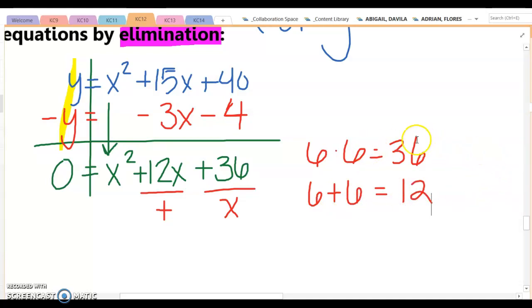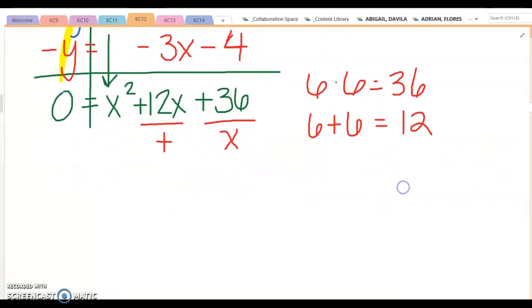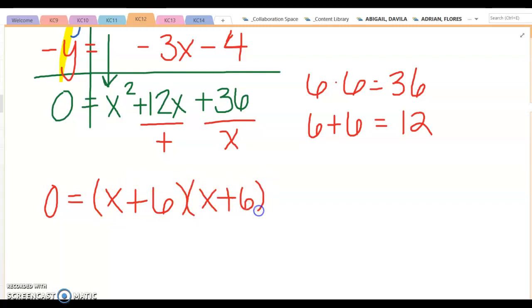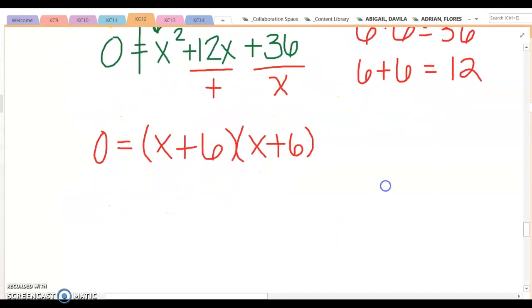So when we multiplied, we got 36, and when we added, we got 12. So we're factoring it, right? Now we have 0 equals x plus 6 and x plus 6, because the two factors we came up with were positive 6 and positive 6.